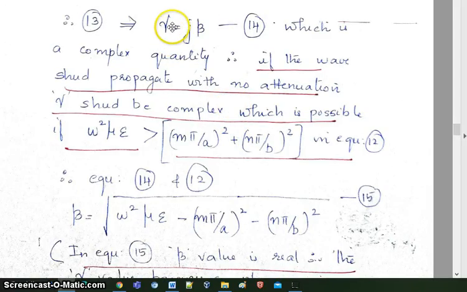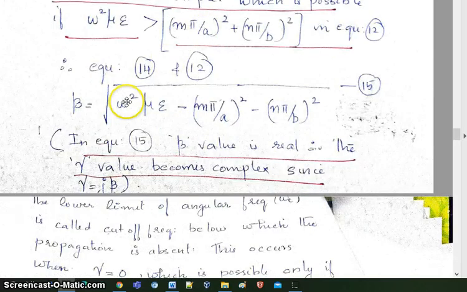When omega square mu epsilon is greater than this term, the term gamma becomes a complex term, that is gamma is equal to j beta. So that is why we have written here beta is equal to square root of omega square mu epsilon minus (m pi by a) the whole square minus (n pi by b) the whole square. This equation 15 will be a real quantity because omega square mu epsilon is larger compared to the other two terms.